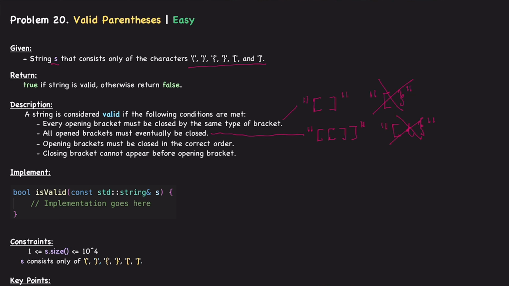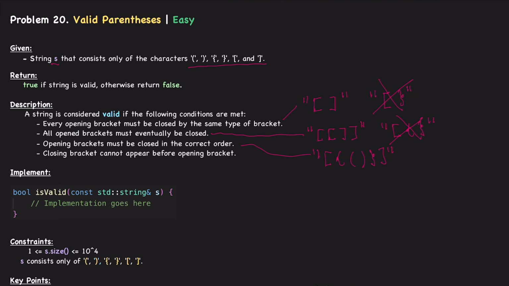The next rule says that opening brackets must be closed in the correct order. A valid string would look like, for example, a square bracket, curly bracket, open paren, and then we close them in proper order: close paren, close curly brace, and close square bracket.